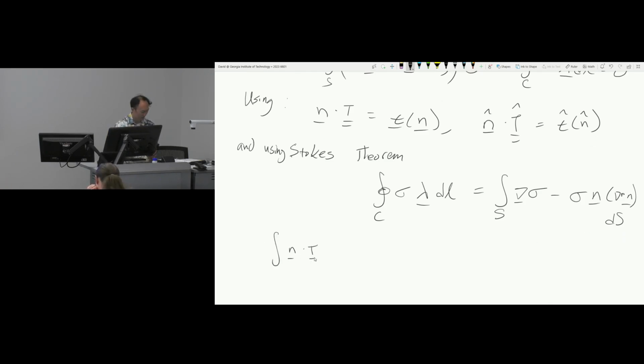Then if you use all those together, we have the following. N dot t minus n hat dot. So I'm going to use, one more thing, n hat is equal to negative n. Okay, so we're going to have the force per unit area on the plus side minus the force per unit area on the minus side, plus the gradient of the surface tension.